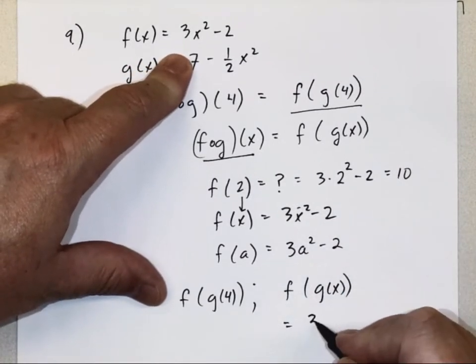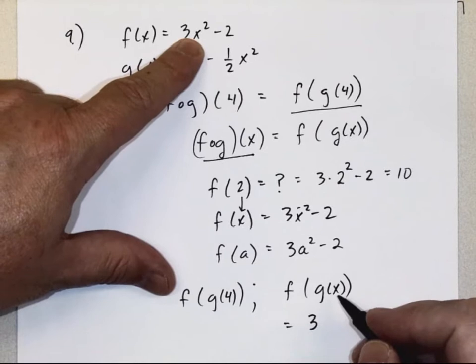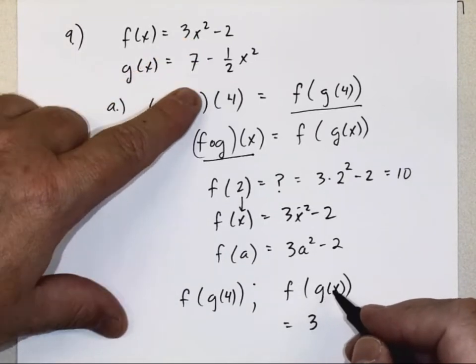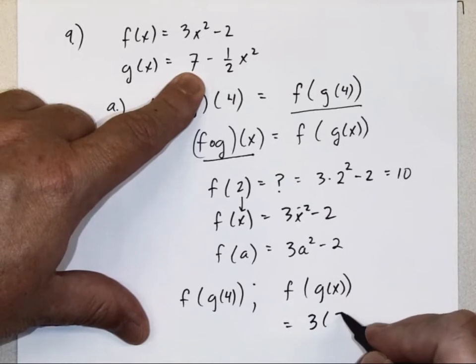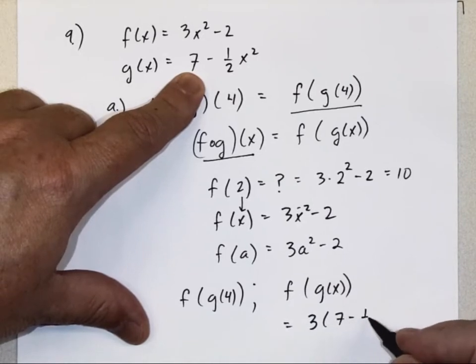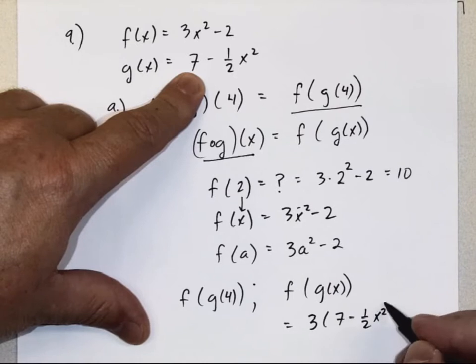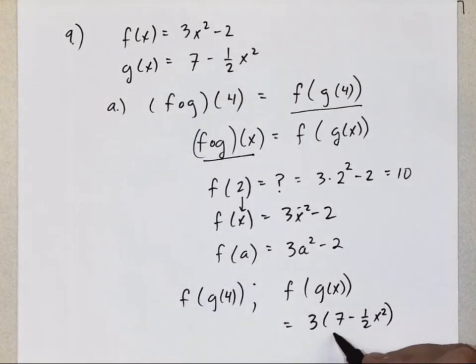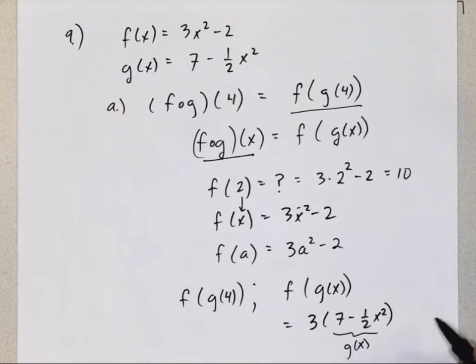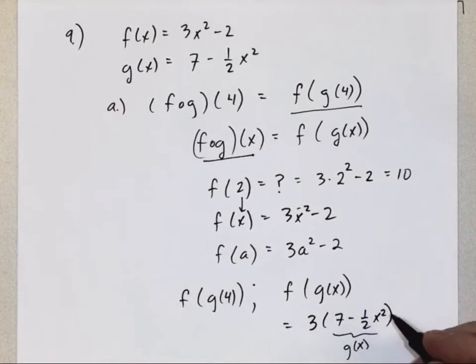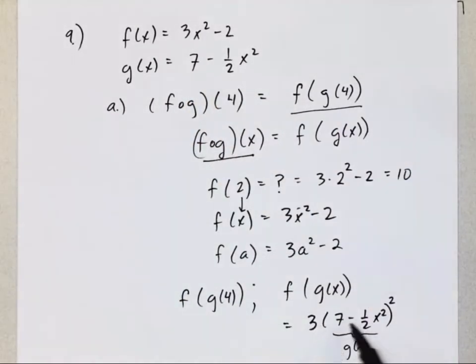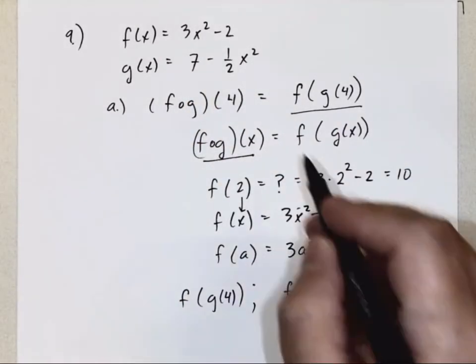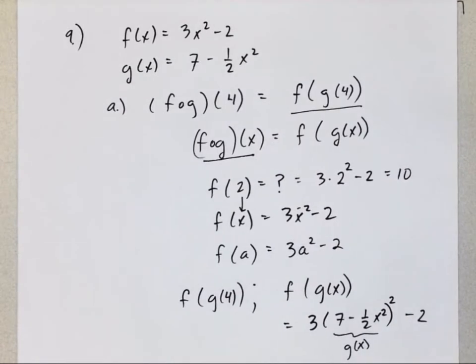So I put the 3. Now for x squared, I replace the x with the whole second function, 7 minus 1/2 x squared. So this whole thing is my g of x. And of course I have to square it, because it's actually 3x squared, then minus 2.